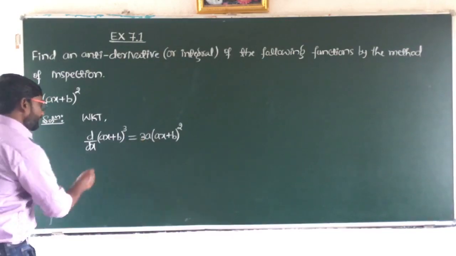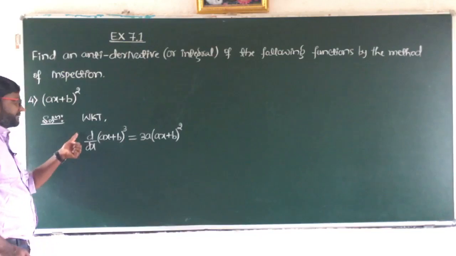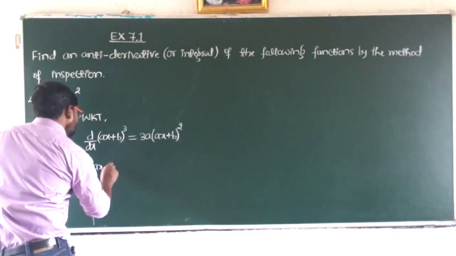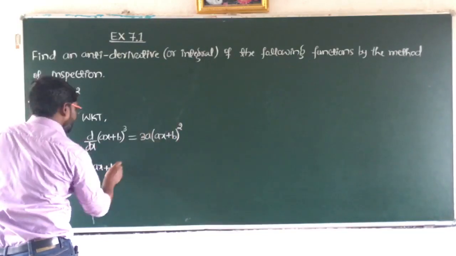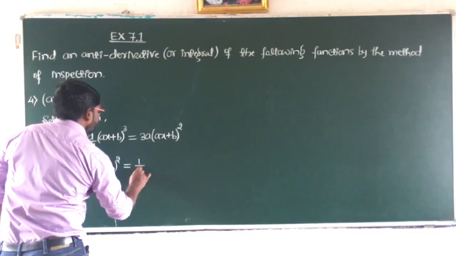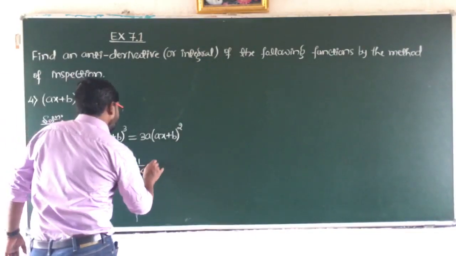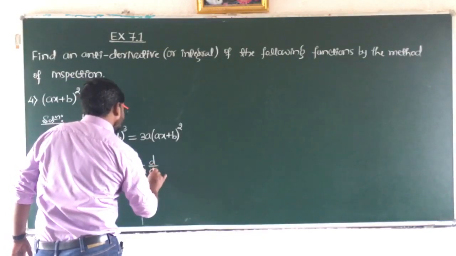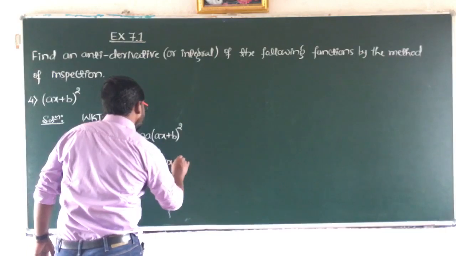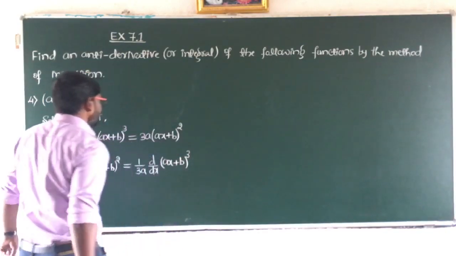Now I rearrange the terms. I take this to the LHS, it goes to the denominator. It becomes 1 by 3a, ax plus b the whole square, which is equal to 1 by 3a into d by dx of ax plus b the whole cube.